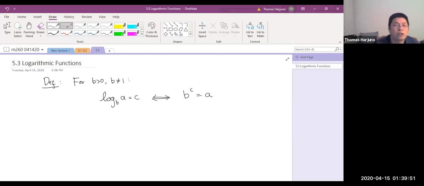Now, we usually say the left-hand side here is the logarithmic form, the log form. And the one on the right-hand side here, we call that exponential form. Throughout my career, I found out that we can solve a lot of problems by just knowing this conversion from log form to exponential form.